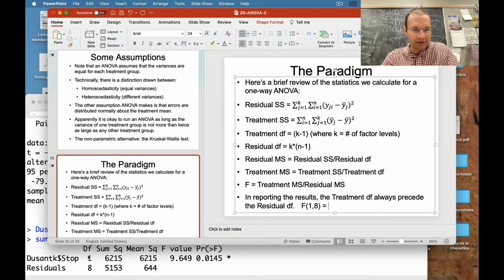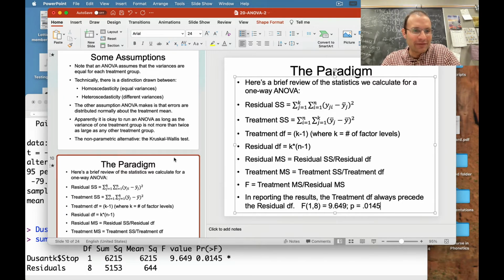So first degrees of freedom for the treatment, 1, and then 8 for the residuals, equals 9.649, and my p is equal to 0.0145. So that's significant. That's how you report that ANOVA result right there. Okay, that's how we do it. That's the math in the background, and that's why we have these numbers for sum of squares and mean squares in the middle here, even though normally we only report everything on the edges of this little table.